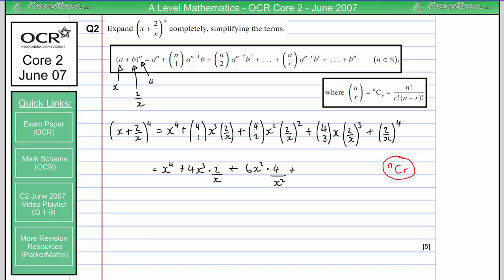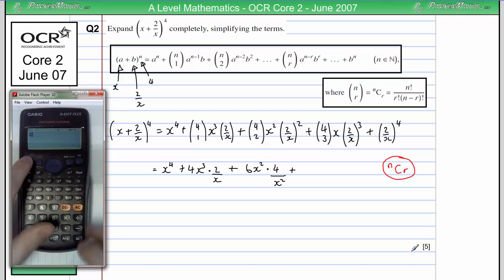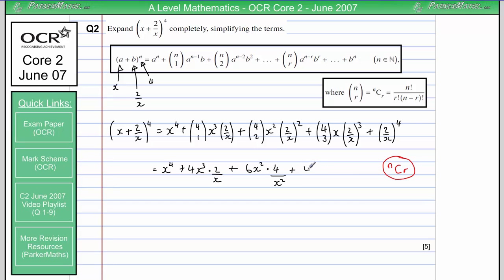For the next one, we're going to do 4 choose 3. And that gives us 4. We're going to get x. This time we need to cube the 2, so that's going to give us 8 over x cubed. And we need to do the last term as well. 2 to the power 4 is 16 over x to the power of 4.